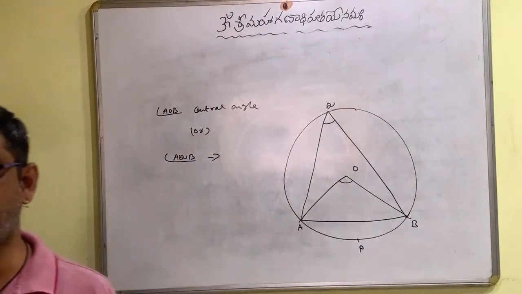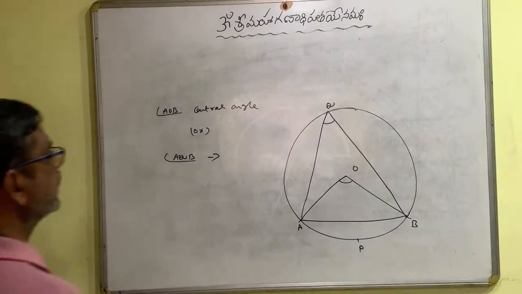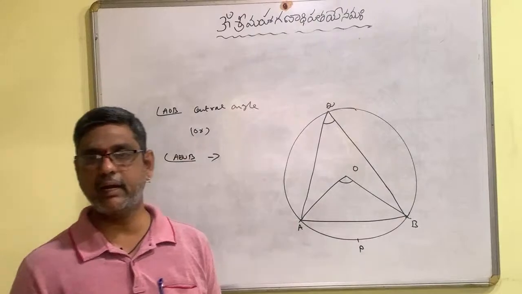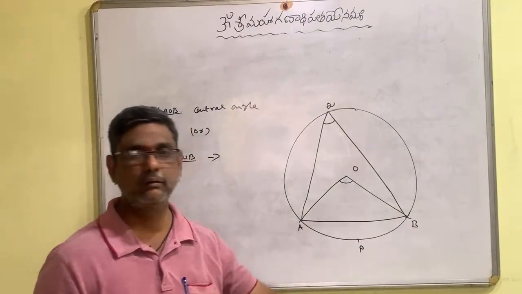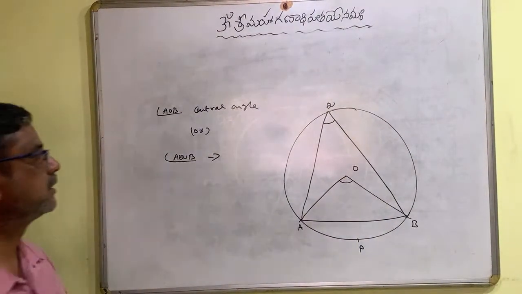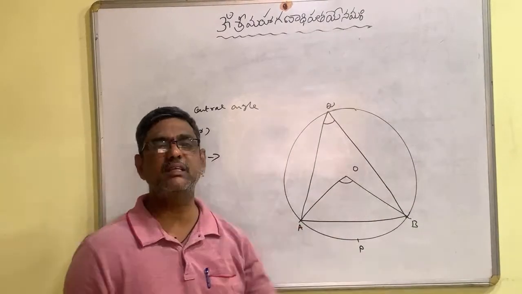Then what do we call angle AQB? We can call it the angle subtended by chord AB at a point on the remaining part of the circle.